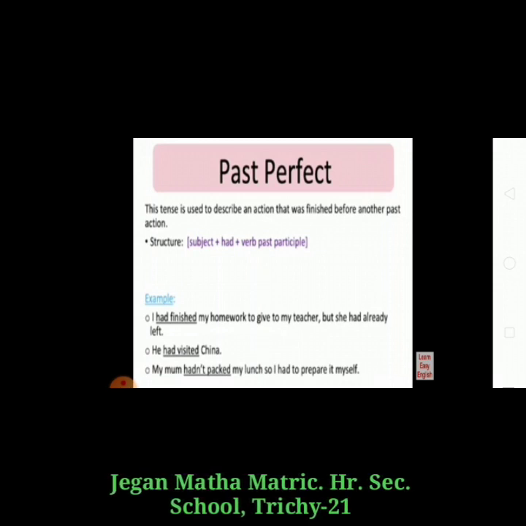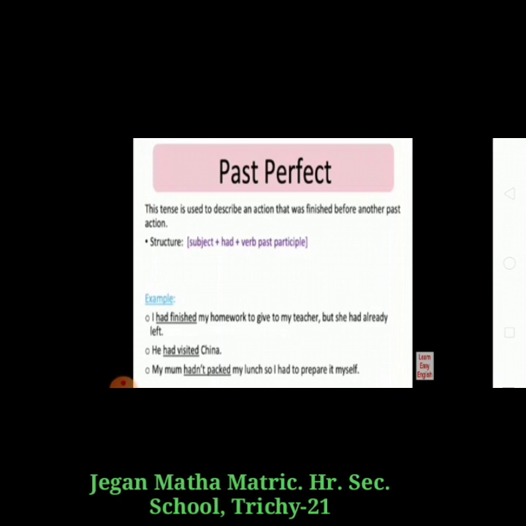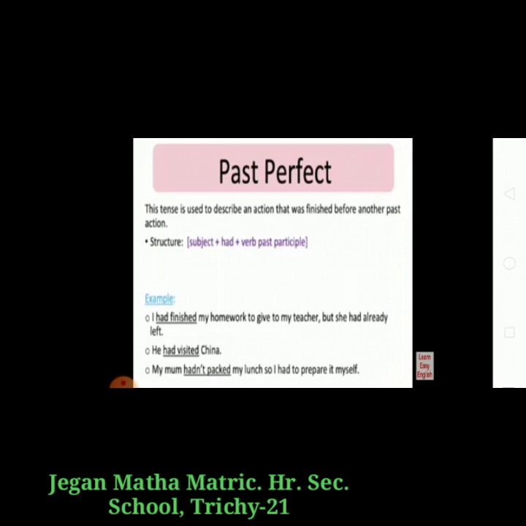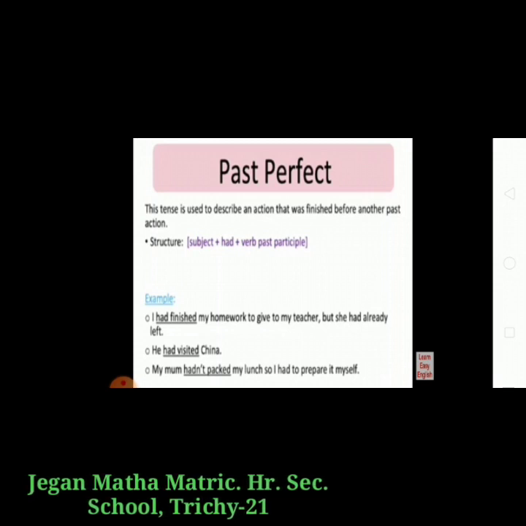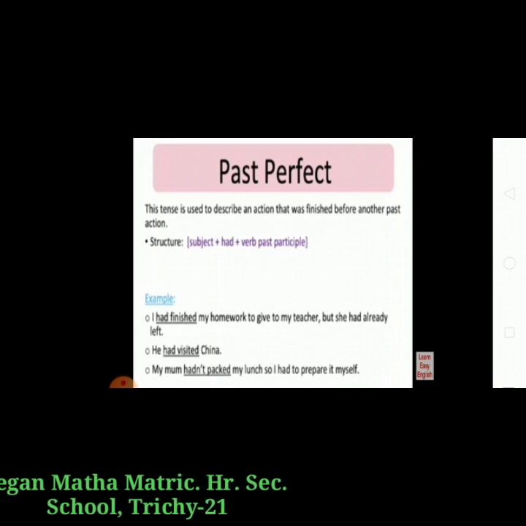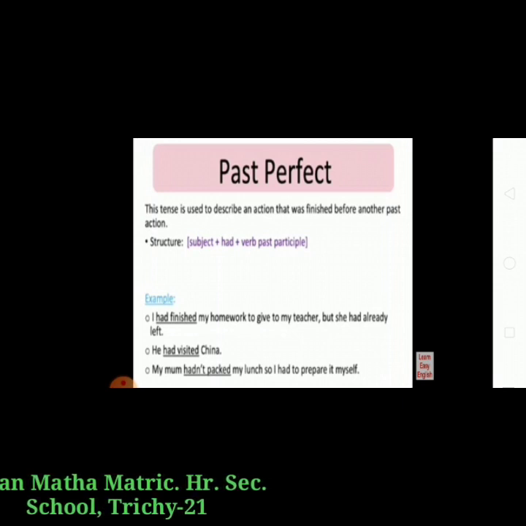Already, since, before, etc. Next point, to express an unfulfilled action in the past, an unfulfilled wish in the past.